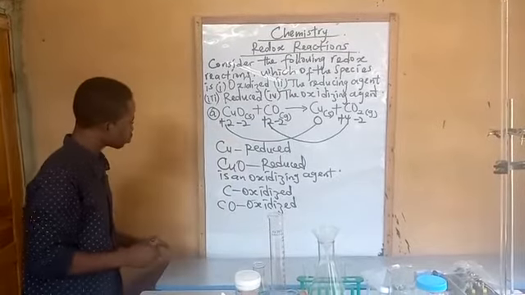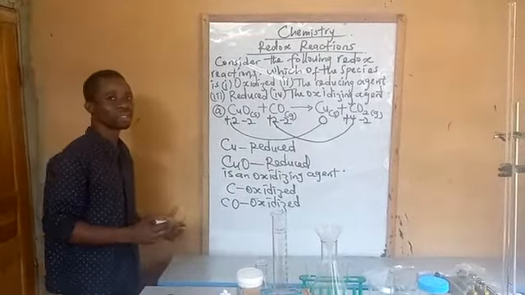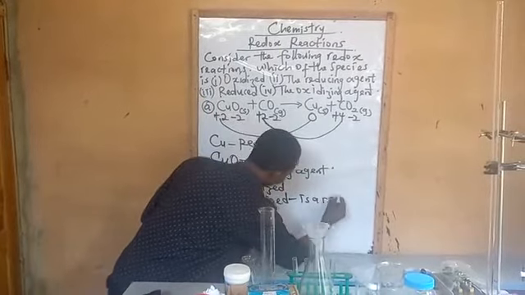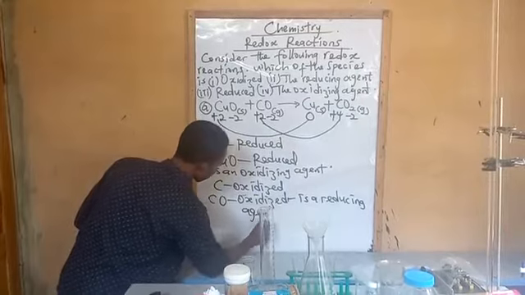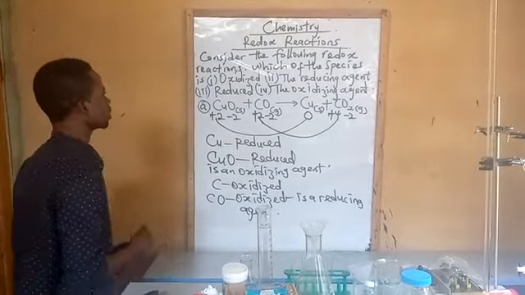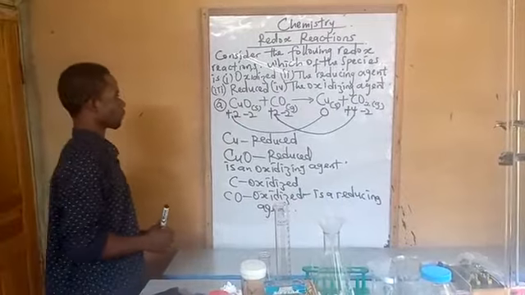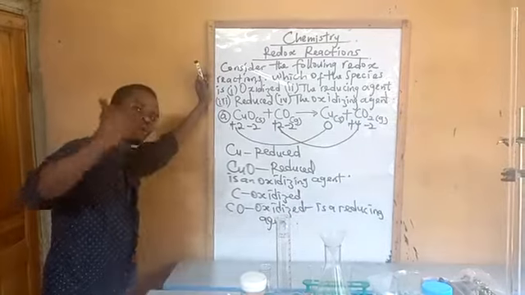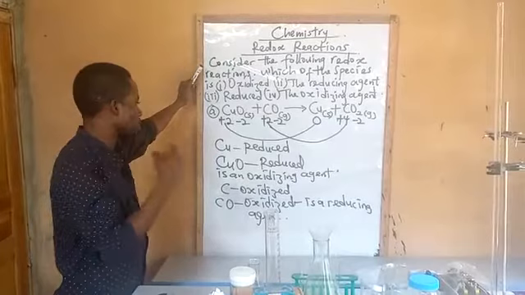And for carbon 2 oxide to oxidize, that shows that it is a reducing agent. In fact, in the practical aspect of redox reactions, we use an oxidizing agent to test for a reducing agent, and we use a reducing agent to test for an oxidizing agent.